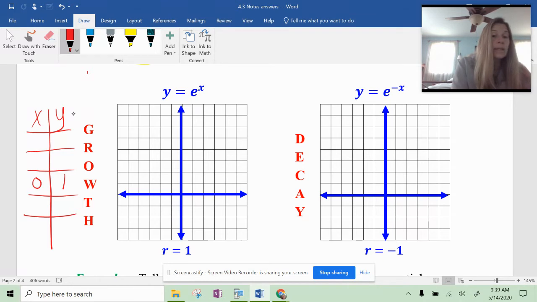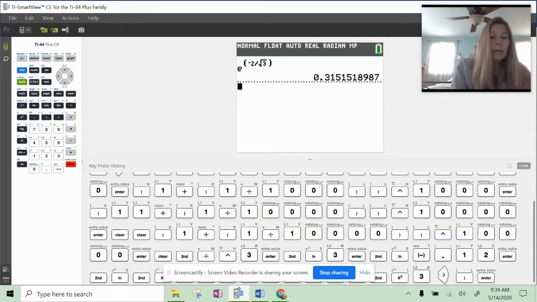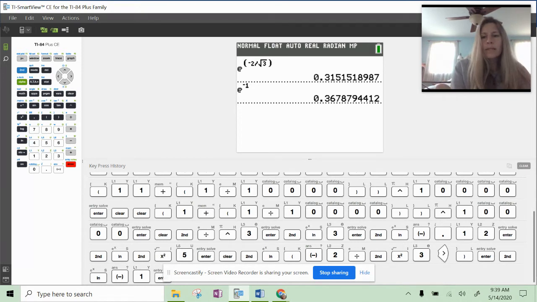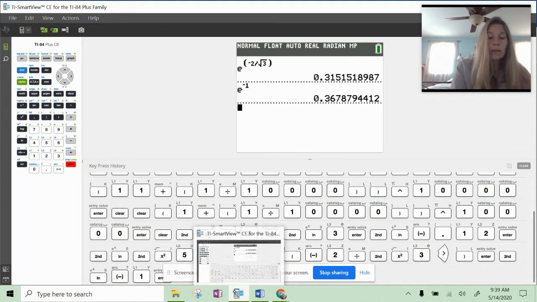If I raise my E to a positive 1, it's going to be 2.7, whatever. If I raise my E to negative 1, what's going to happen then? So if I raise my E to a negative 1, I'm going to get 0.3678. So I'm just going to round it to 0.368.